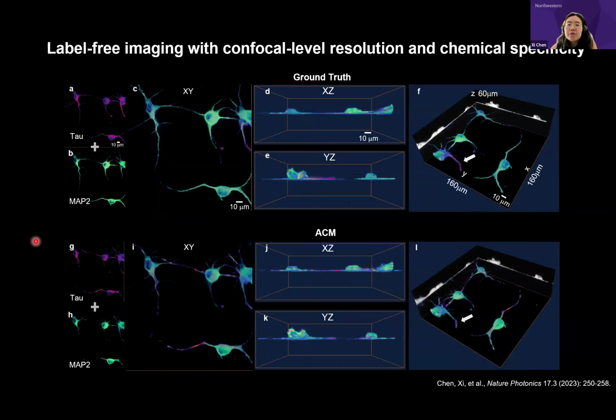For this project, we also trained the network on two different fluorescence signals, tau and MAP2 of the neuron. The network is able to generate both channels of computed fluorescence signal, and using those two signals, we can tell where the axon is versus the dendrites.